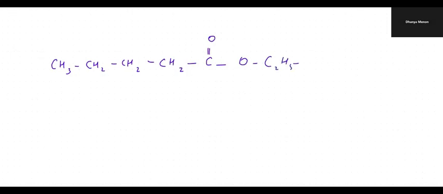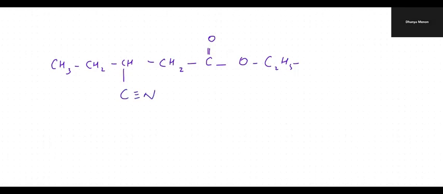Suppose you have a question, CH3, CH2, CH2, CH2, COOC2H5, C triple bond N, the cyanide group.